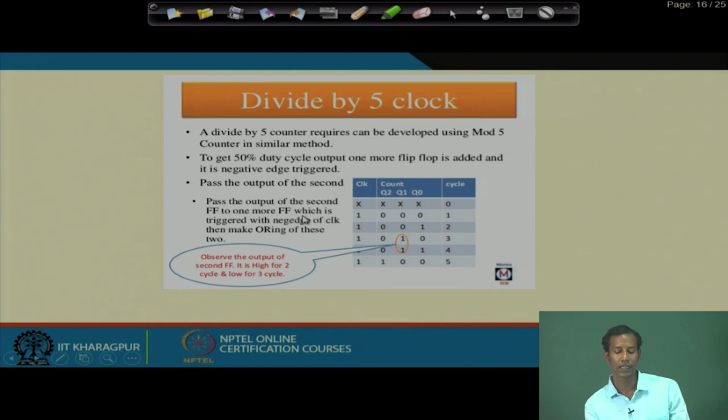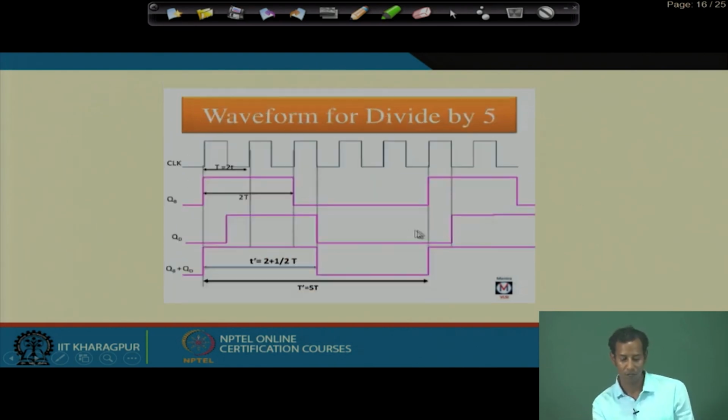Now, again another circuit I need, which will be the divide by 5. Okay. So, a divide by 5 counter can be developed using a mod 5 counter in a similar method. To get 50% duty cycle output, one more flip flop is added and it is negative edge triggered, and pass the output, that means depending on this Q1 you have to pass the corresponding logic.